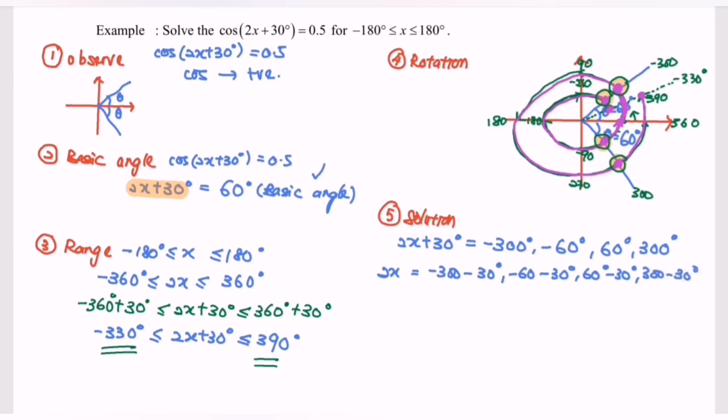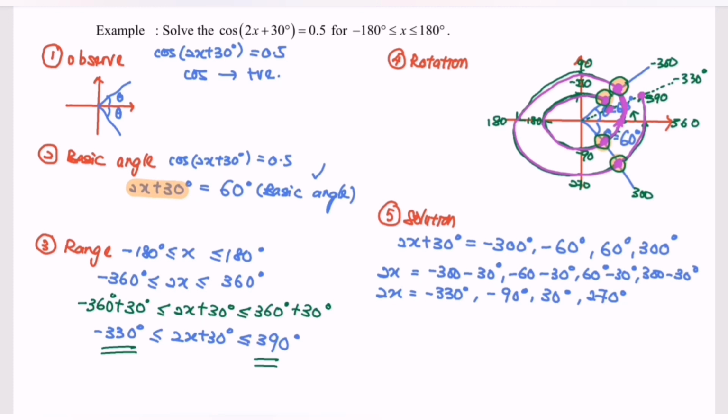So we will have 2x equal to negative 330, negative 90, 30, and 270. Then finally we need to divide by 2.